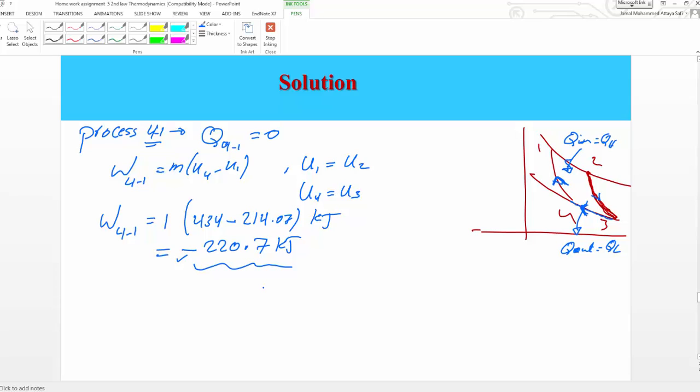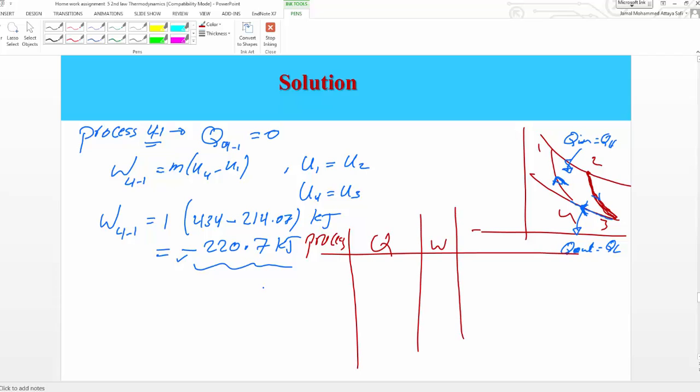Now you can make a table, just so it helps you to check all the processes. You can write process, and this is Q, and this is work.